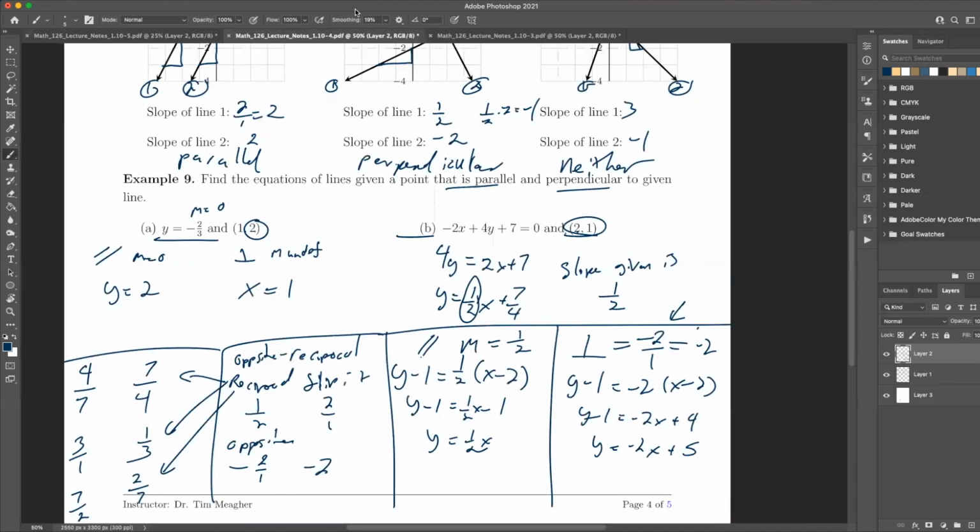Let me leave that up for 1 second. All right, so when would we use this? M undefined.